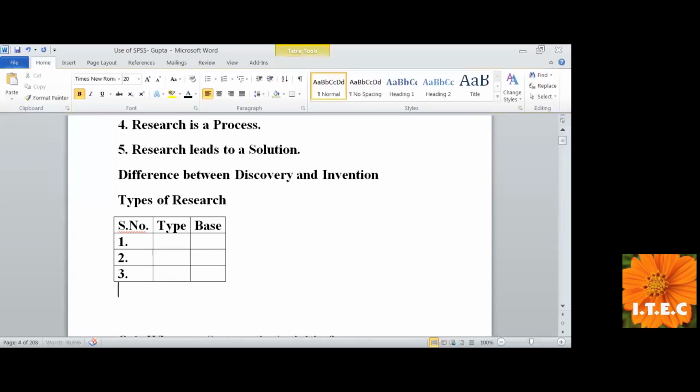Now, can you tell me the type of data? How many types of data you know? How many types of data you know?